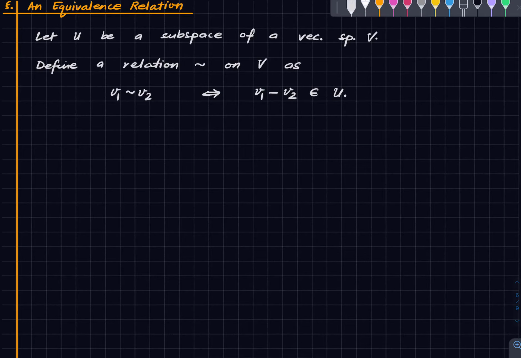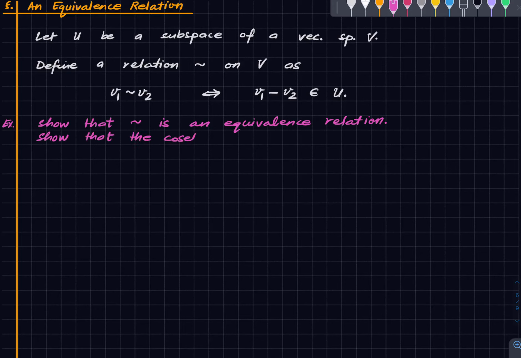So here is the exercise. Show that tilde is an equivalence relation and show that the cosets of U are precisely the equivalence classes under tilde.